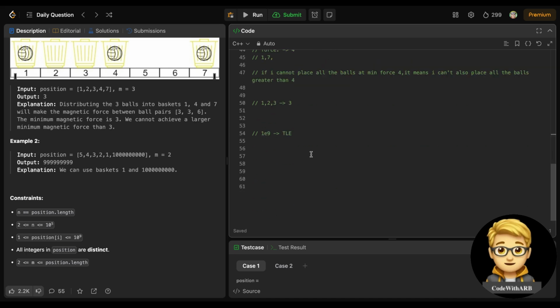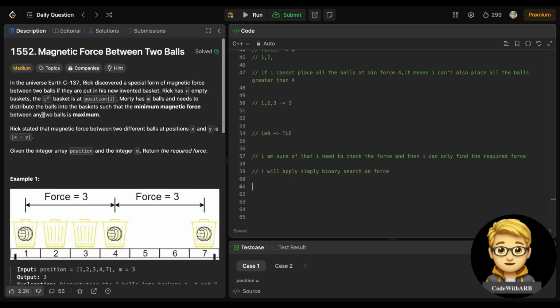So in that case, what we did is, I'm sure that I need to check the forces to find the required force, right? So basically, I will simply apply binary search on forces. When do you need to apply binary search?